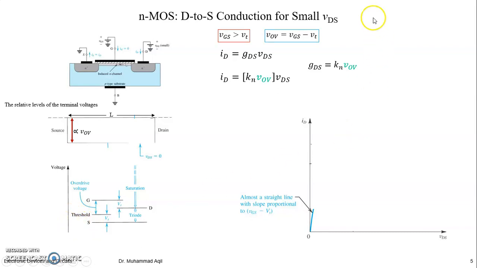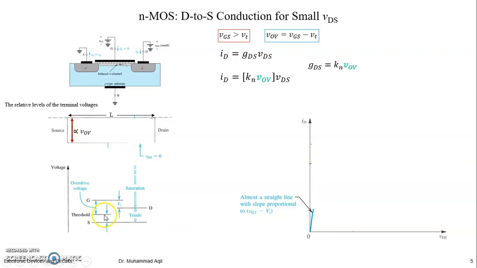And as already said, you have applied your gate with respect to source greater than VT. It means your gate potential will be greater than this threshold voltage. How much greater? Subtract these two; the distance between them will be VOV.